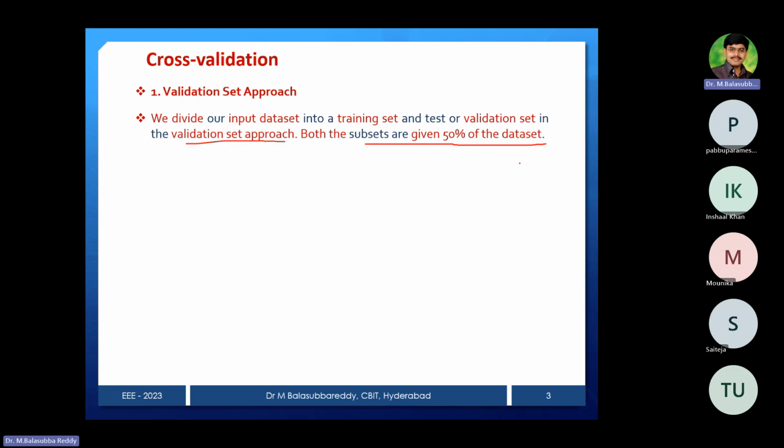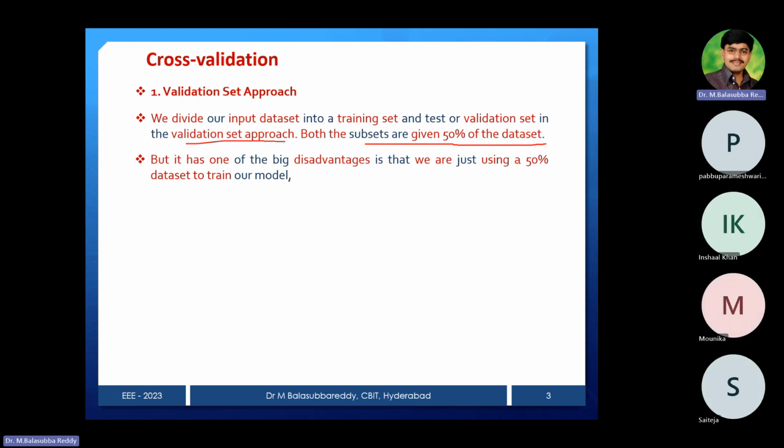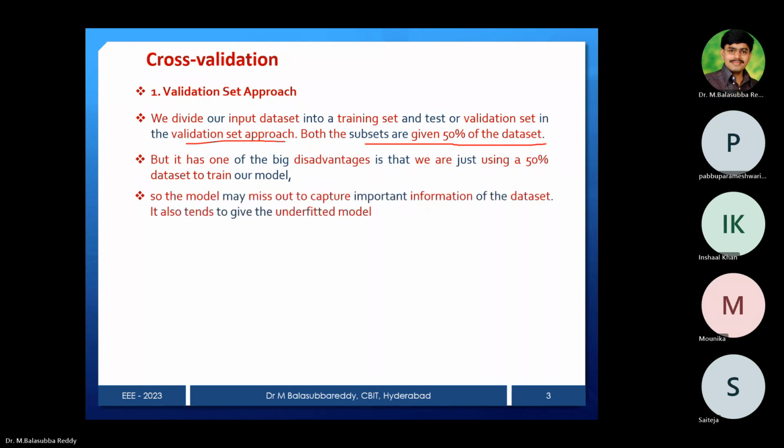But it has one big disadvantage: we are just using 50% of the data set to train our model, and the model may miss out on capturing important information of the data set.